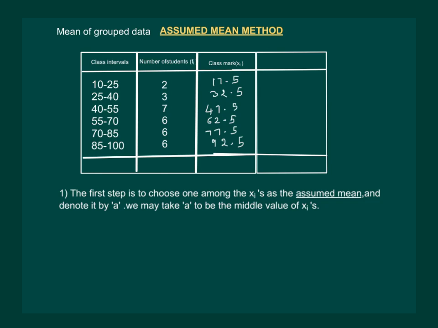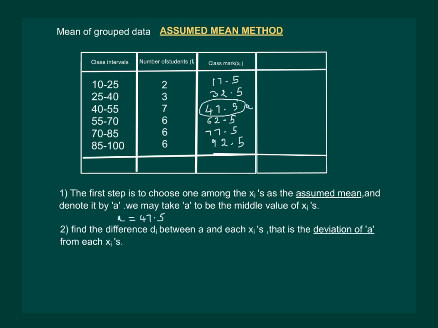We may take this a to be the middle value of xi's. So here we can take a as 47.5, or we can also take it as 62.5. Let us choose a to be 47.5.